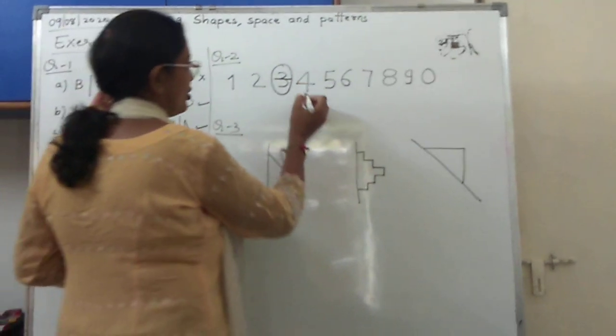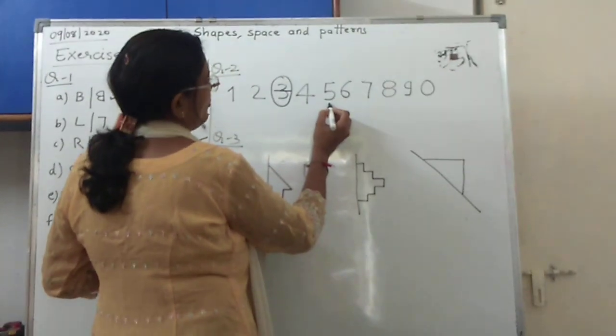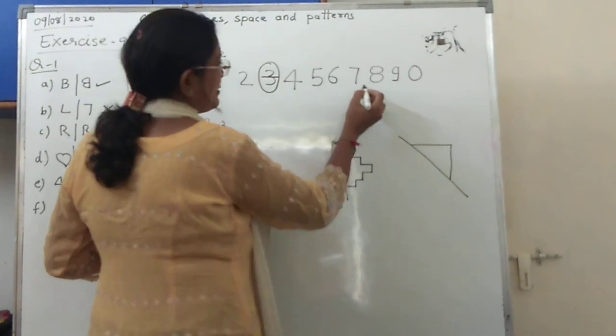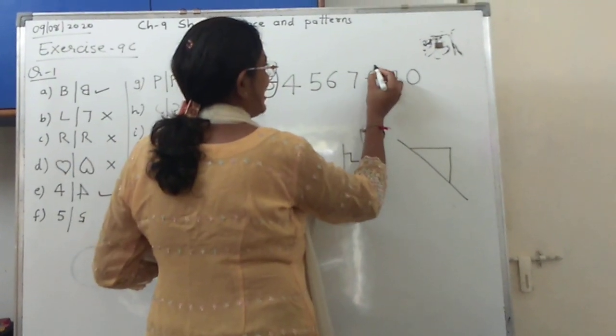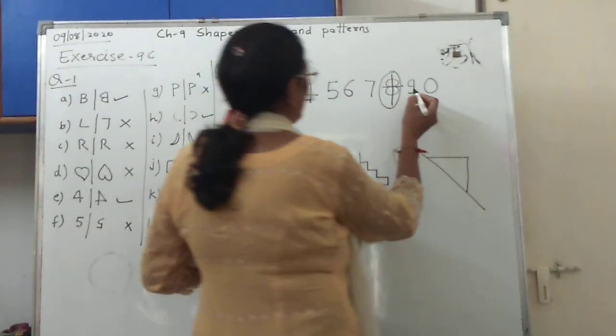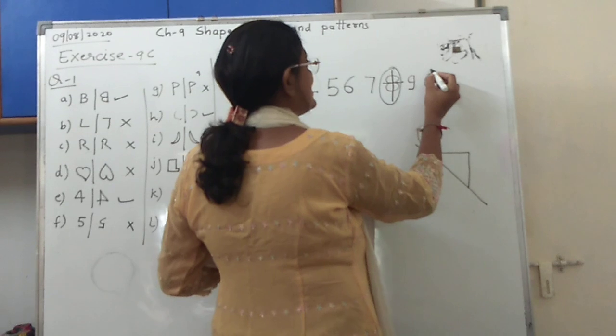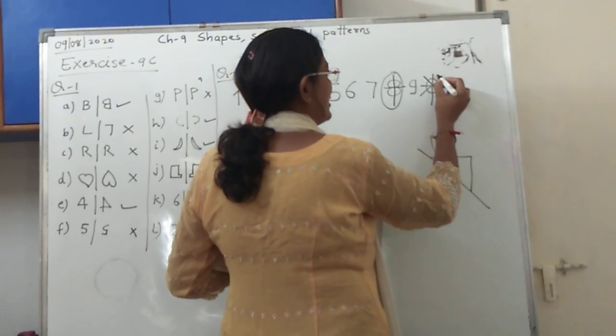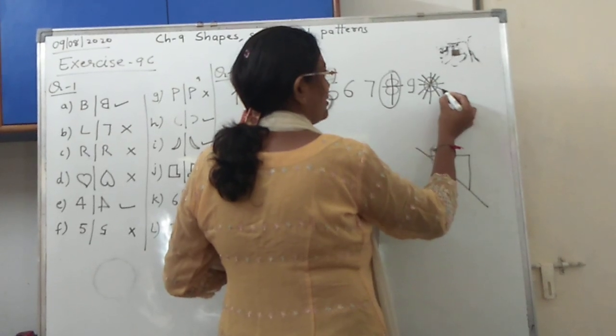In 4 it is not possible. 5 it is not possible. 6 also it is not possible. 7 also it is not possible. 8 it is possible, this way and this way also, right? So circle 8. In 9 also it is not possible. In 0 it is possible. As many as you want, you can draw in that. See, I am drawing here.